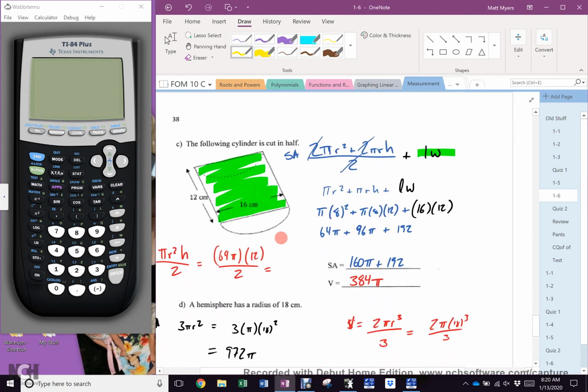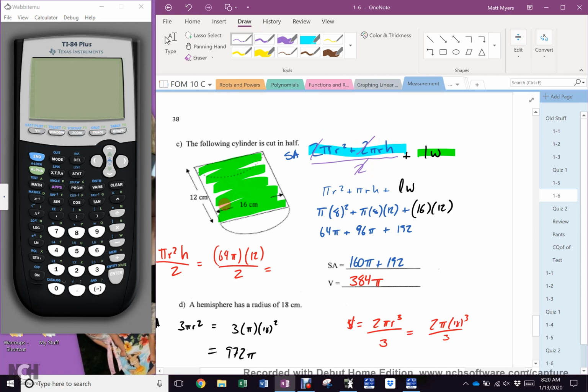This is the cylinder that's been cut in half. So, obviously, that's a cylinder, yes? Right? But I cut it in half, so I divide by 2. Cancel, cancel, cancel. Pi r squared plus pi rh.